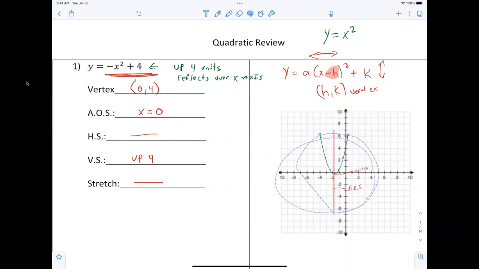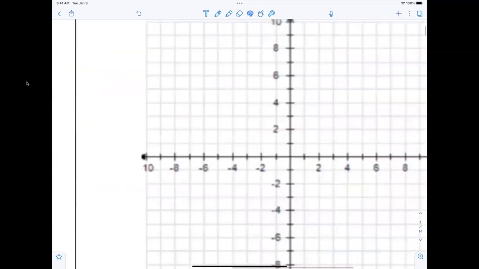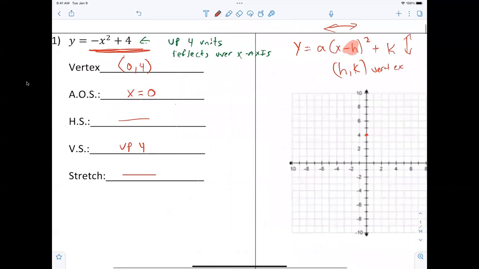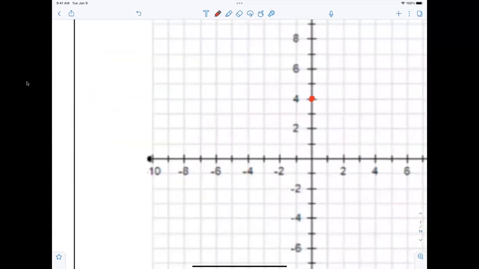So now I'm going to erase this garbage. What do we say the vertex was, guys? 0, 4, correct? And then the -1 in front reflects it over the x-axis. So instead of going to the right 1 and up 1, we're going to the right 1 and what? Down 1. Then we can reflect it over the axis of symmetry.